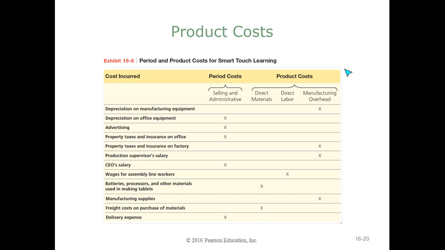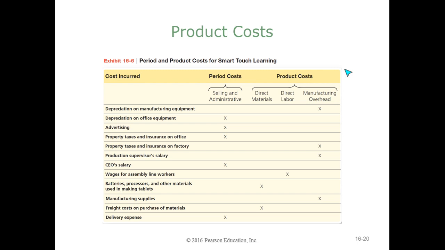When you look at depreciation on office equipment, okay, office administrative. It's going to fall under selling and administrative. Advertising. Well, it's not a direct material or direct labor. It's not manufacturing overhead. It doesn't have anything to do with manufacturing.